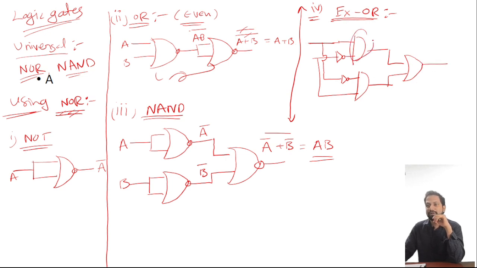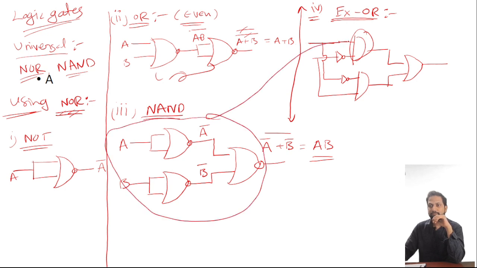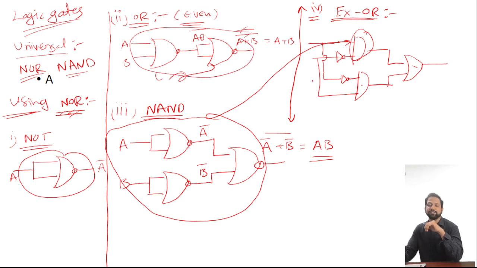In place of the AND gate you have to substitute this, and here also, and for the NOT gate you have to use this, and for the OR gate you have to use this diagram. Finalizing that will give you the XOR gate.